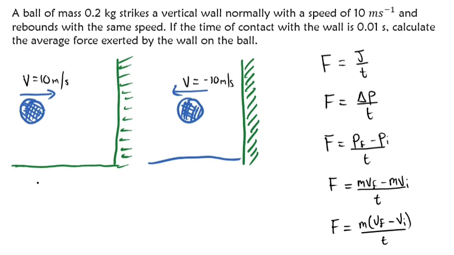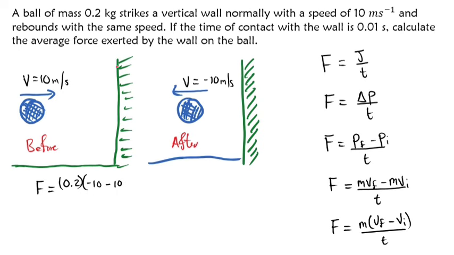So force will be equal to, the mass given is 0.2, so 0.2. Then the two velocities. Final velocity is negative 10. Initial velocity is positive 10. Because remember, this is the before, striking the wall, and then this is the after.